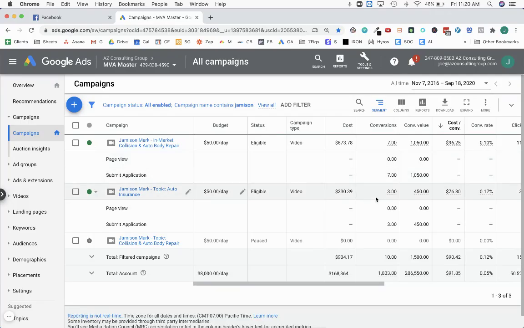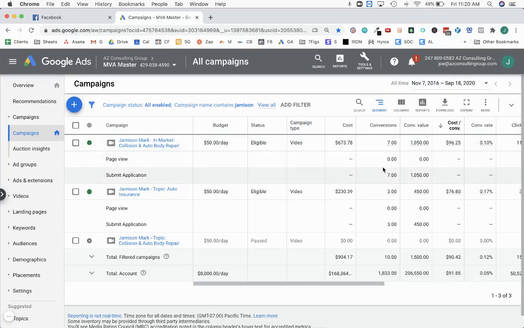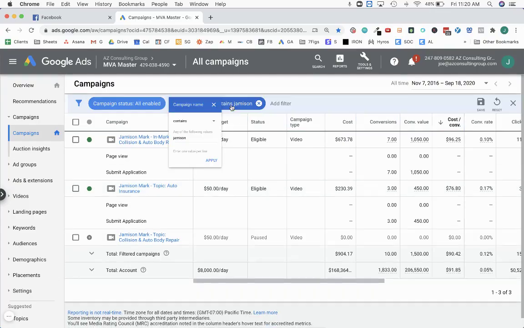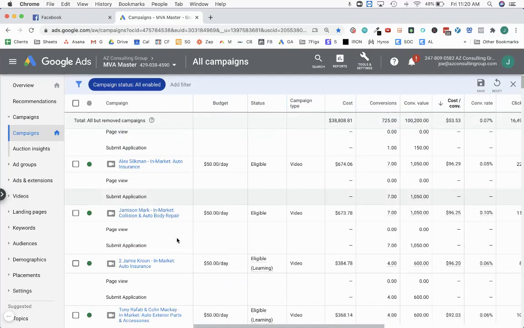So if this campaign was like, say it was 115 or 120, I would already turn this off. But I want to give it a little bit more time to run and see if Google will drop that cost per conversion. Okay, so Jameson's good. Let's continue down the list.